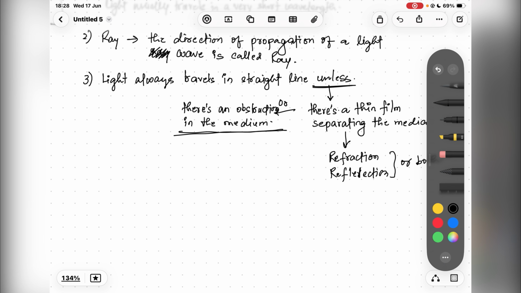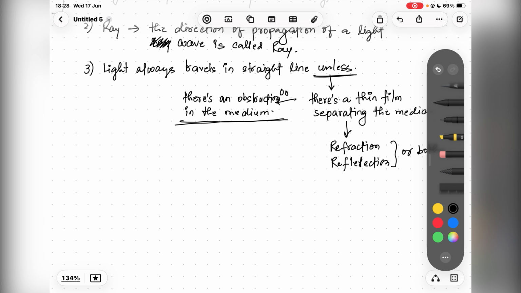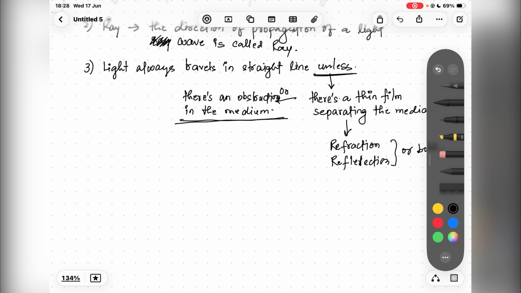In this case, if the obstruction is shorter than the wavelength of light, the wave front, suppose this is the wave front of the light, tends to bend around the object and then keep moving.